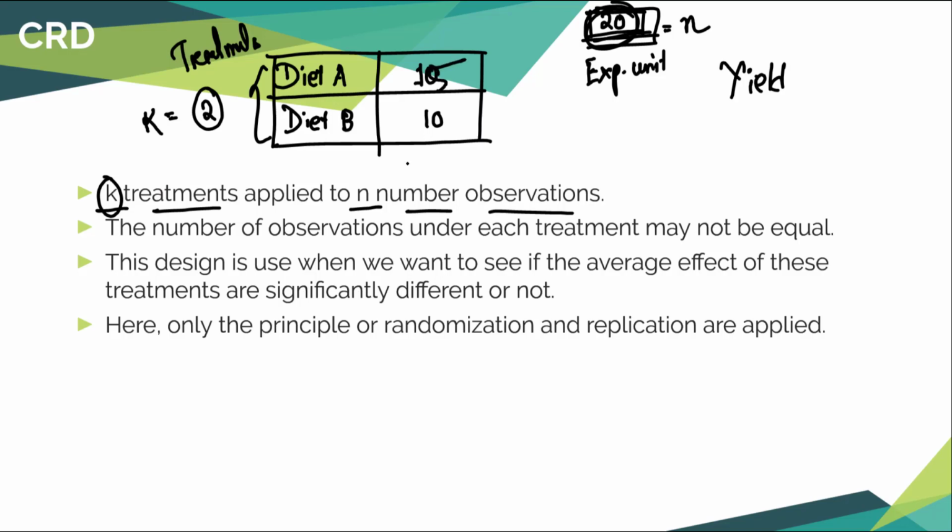Let's say 15 people choose diet A and 5 people have taken diet B, right? So we have an unequal number of observations from both the treatments. But in case of CRD, it is okay. The number of observations under each treatment may not necessarily be equal. You can give different observation numbers or a different size to different treatments, right? Different number of repetitions to different treatments, right?